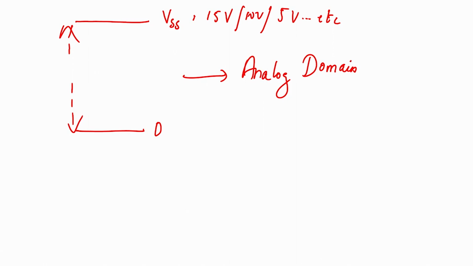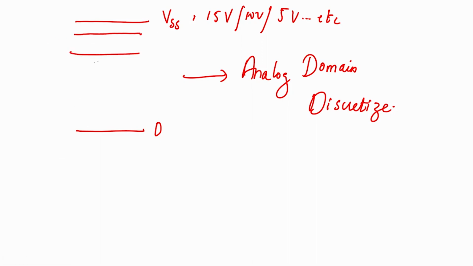Now, in analog to digital conversion, what we do is discretize. We will discretize the number of values that the input signal can take from this infinite spectrum of voltage values. In simple logic terms, this means we will divide this whole range into a definite number of intervals.